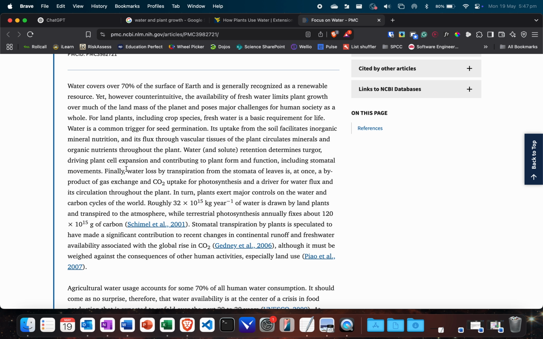Okay. There's a lot of words here. Finally, water loss by transpiration from the stomata of leaves is at once a byproduct of gas exchange. Uptake from photosynthesis. Okay, so it's got something to do with photosynthesis. Okay, so water is lost by photosynthesis, possibly.